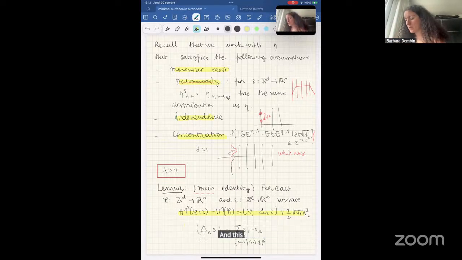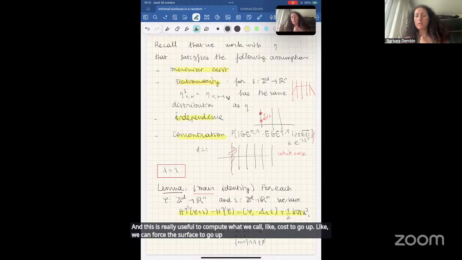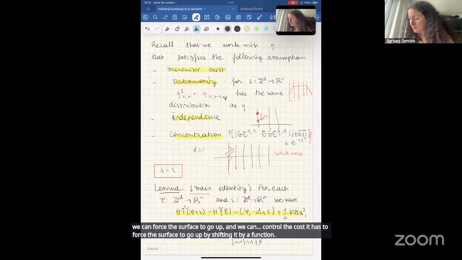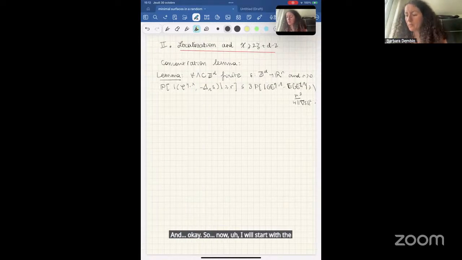And this is really useful to compute what we call the cost to go up. We can force the surface to go up, and we can control the cost of forcing the surface to go up by shifting it by a function.